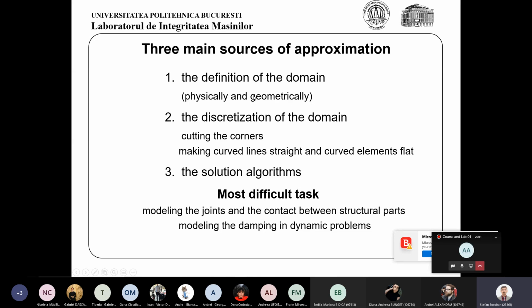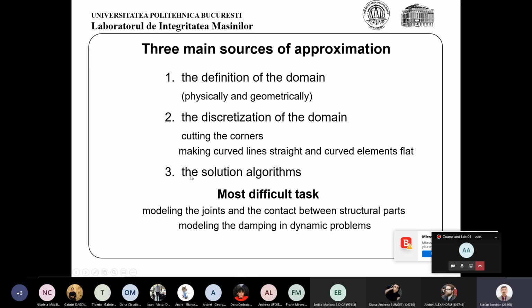But also, if you want the geometry, sometimes when you use a CAD program, you can neglect some, let's say, small radius, small holes, and so on. And usually we don't make an analysis for the real geometry. This is due to the discretization, if you want.